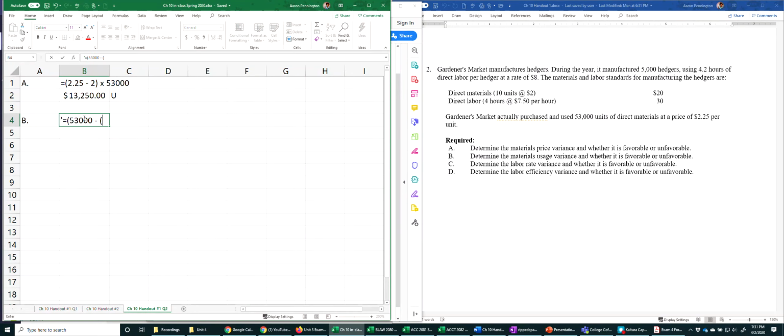We need to compute the standard. Well, 5,000 hedgers were made. Each should have used 10 units. And then we'll multiply all that times the standard price of $2 per unit.